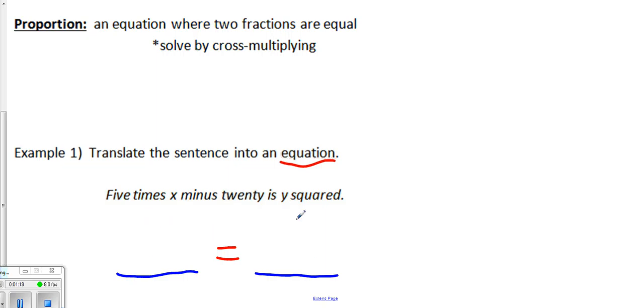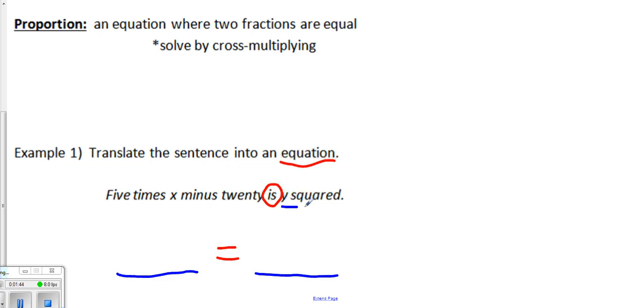So expression and expression. So if our full sentence says 5 times x minus 20 is y squared, now we've got two different statements being talked about here. The equal sign that separates them is this word is. It's saying is equal to, it is the same as. So is like our equals.